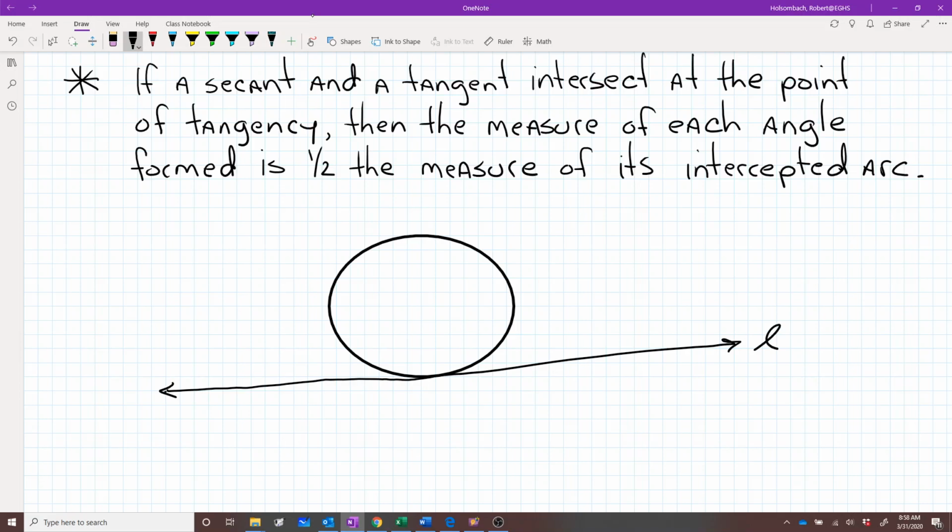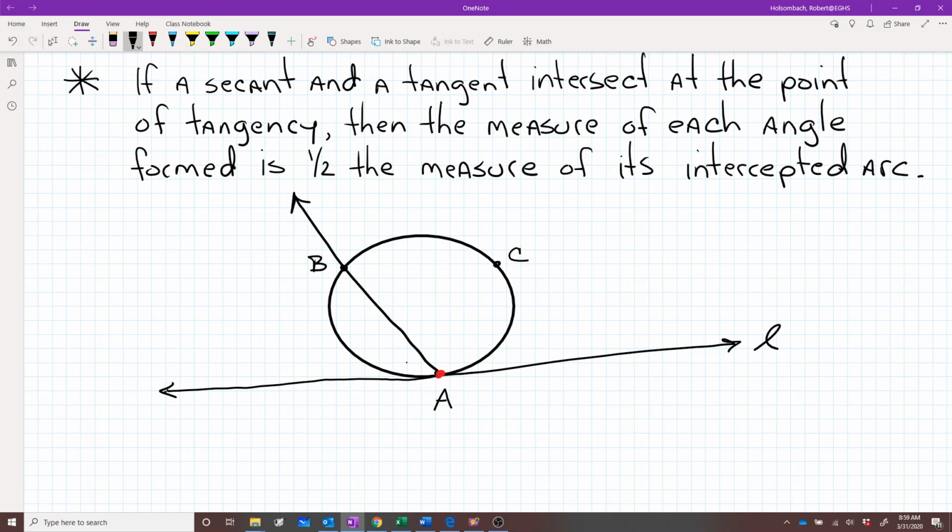So line L here intersects the circle at point A, and then this would be our secant that intersects the circle at point B. And for description purposes, we'll put point C on the circle as well. So what this theorem says is that if a secant and a tangent intersect at a point of tangency, which they do, point of tangency is point A, then the measure of each angle formed is 1/2 the measure of its intercepted arc.